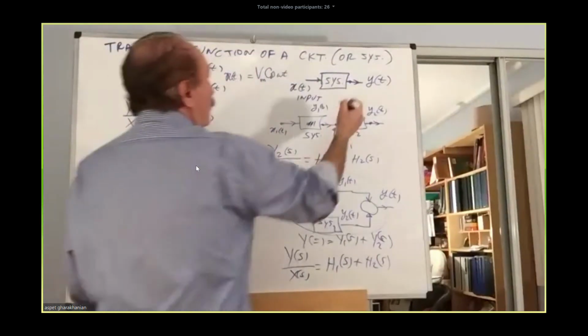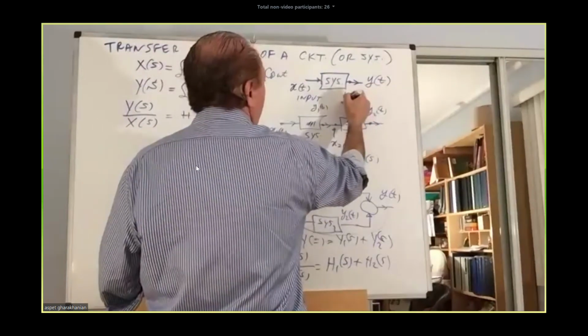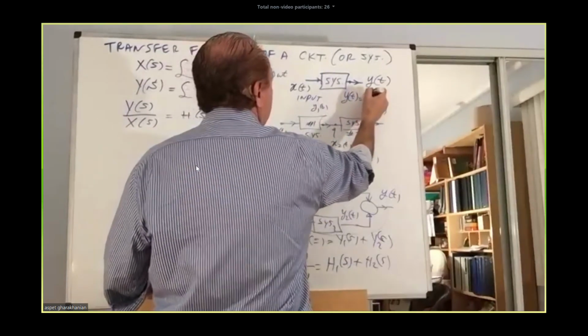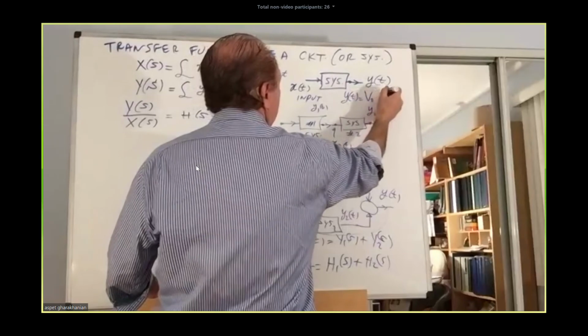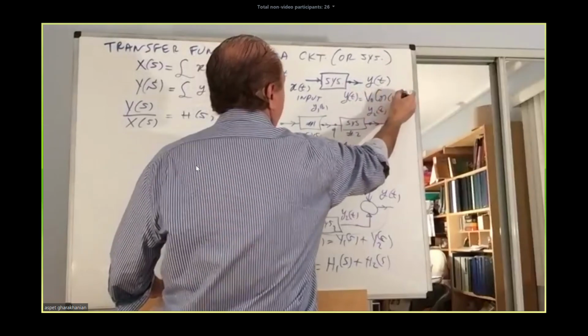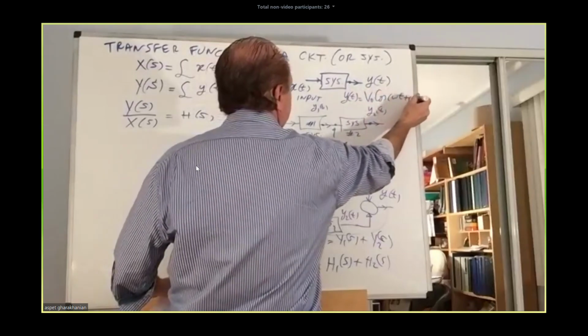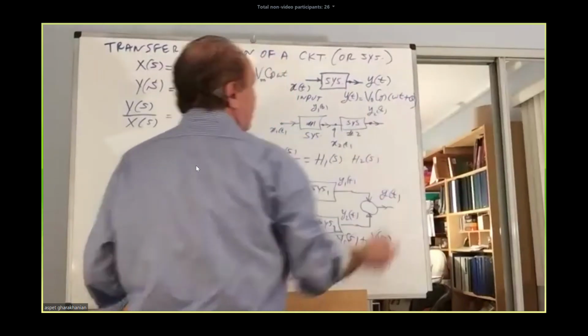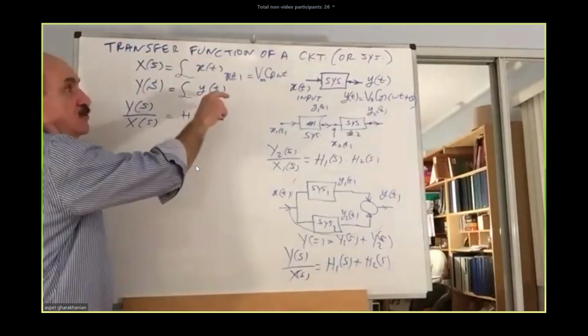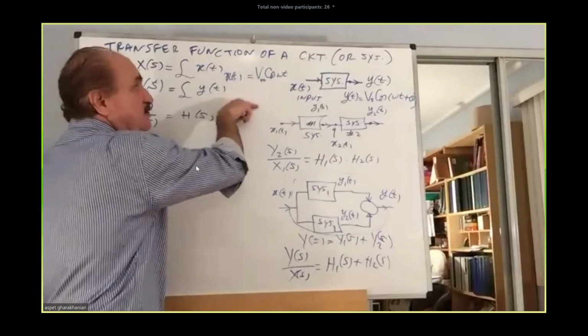And I want to know what will be the output y of t as Vo cos of omega t plus theta. In other words, you apply a cosine function as a phasor to the input.